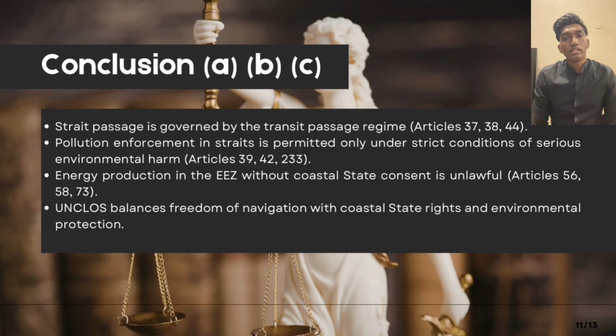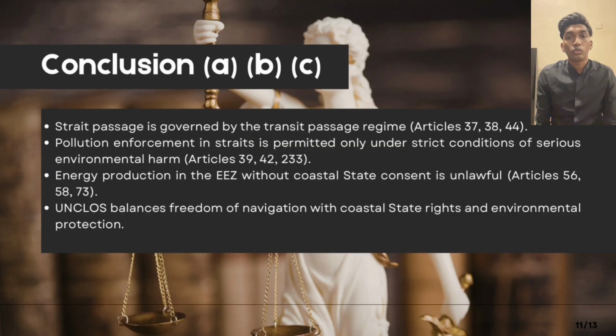In the EEZ, energy production activities without the coastal state's consent are unlawful because such activities fall under the exclusive rights of the coastal state. Together, these points clearly show that UNCLOS balances the freedom of navigation with coastal state rights and environmental protection.